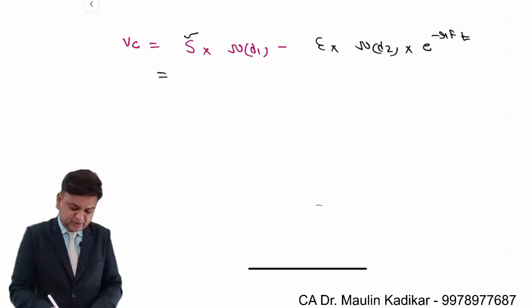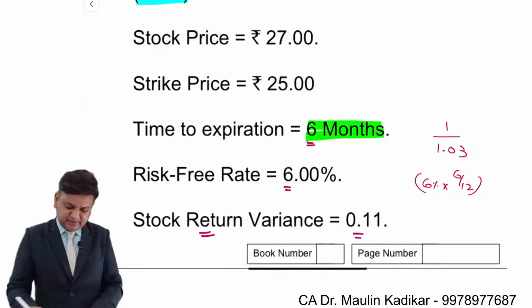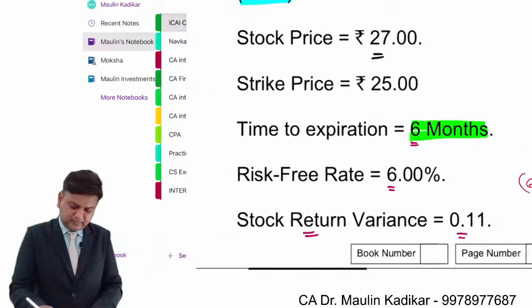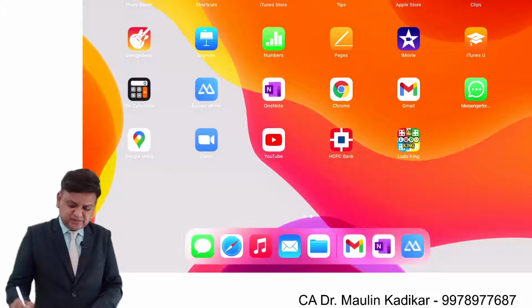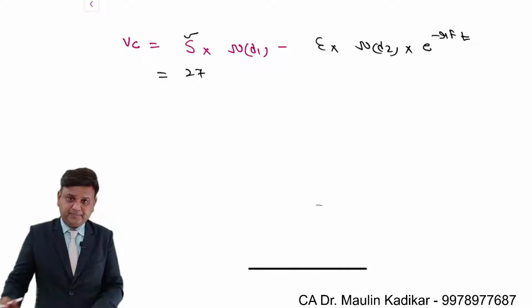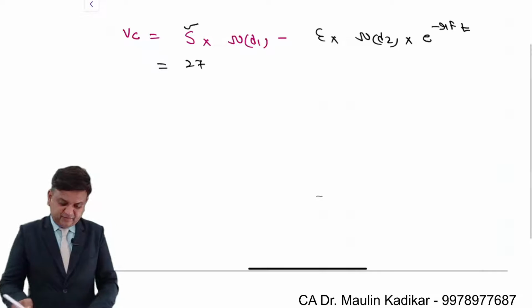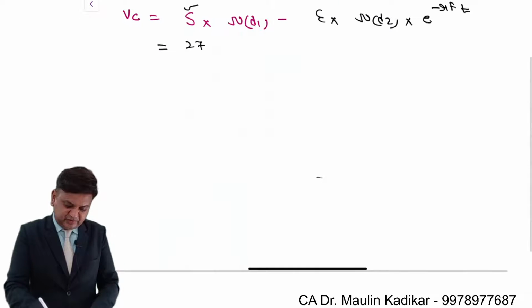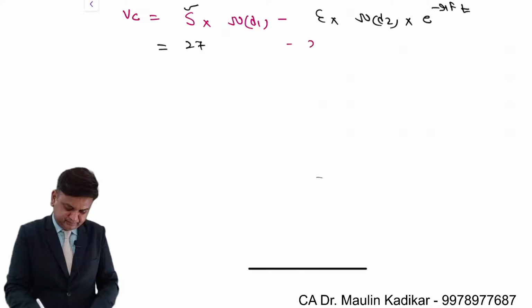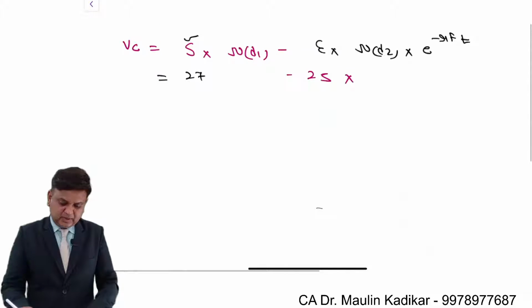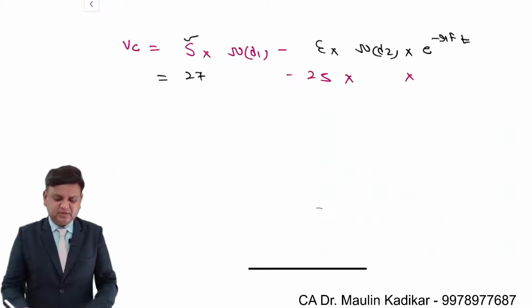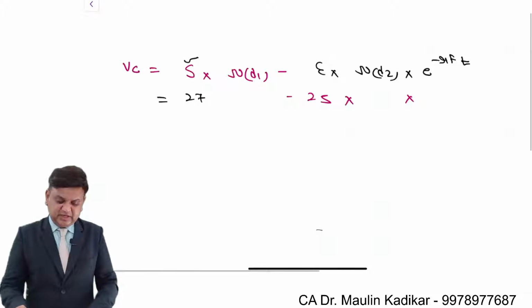S stands for spot price of the equity share, which is 27 rupees in this example. E stands for the exercise price of the option, which is provided to us as 25 rupees, into e raised to negative RF into T, which we already have understood.